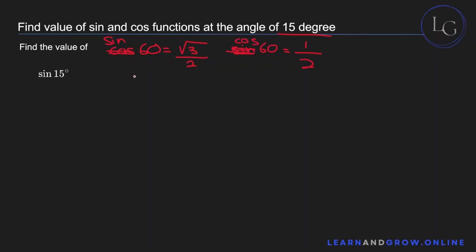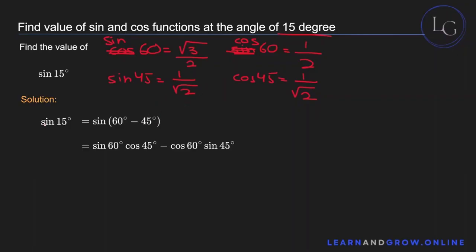We know these two, and we know that sine 45 is equal to 1 by under root 2, and cos 45 is also equal to 1 by under root 2. You can draw the triangles for them and verify them, but we just know these because in my country, that's the standard practice. You can just draw the triangle and figure them out.